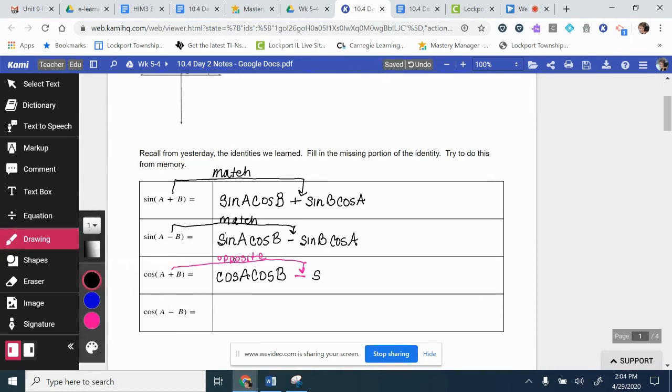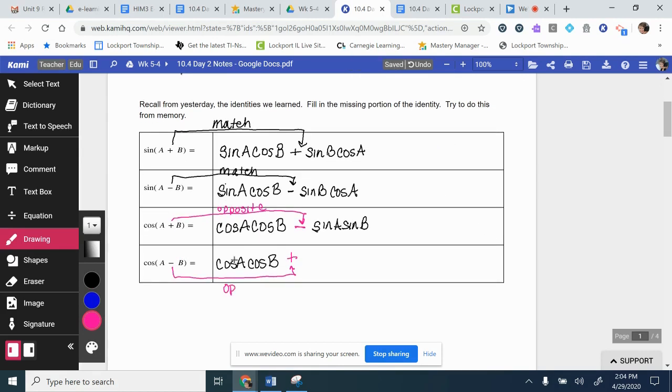And then we take the product of the sine of a times the sine of b. And for our last one, again, we start with cosine a times cosine b, and do that opposite again: sine a, sine b.